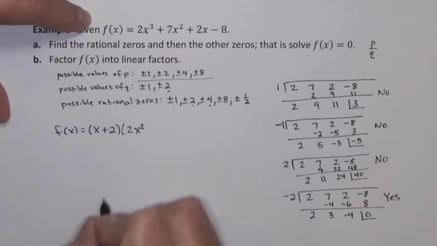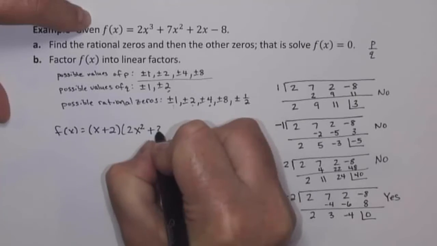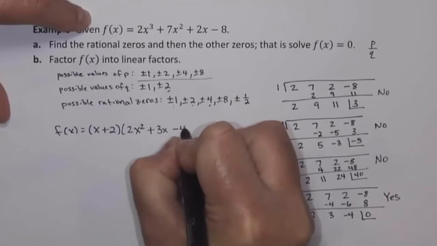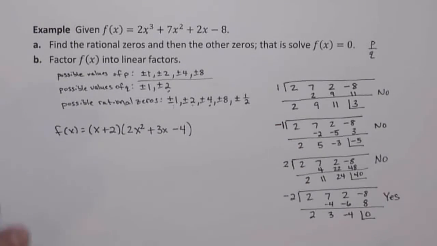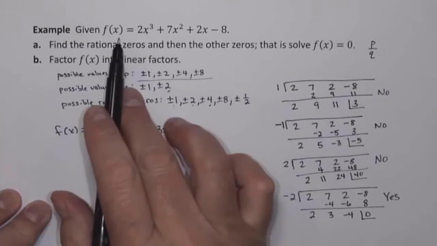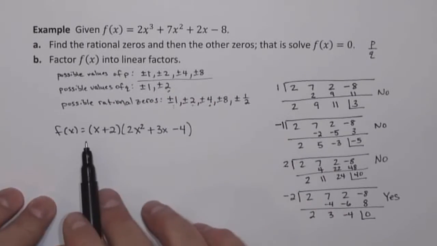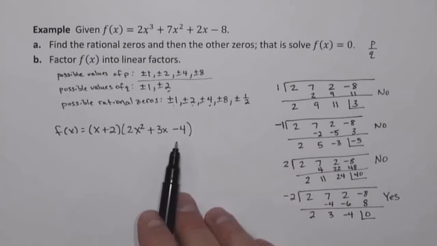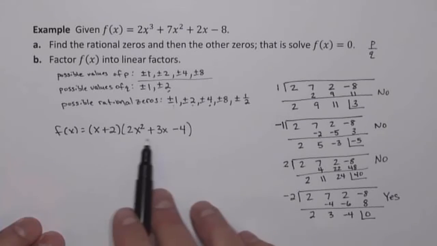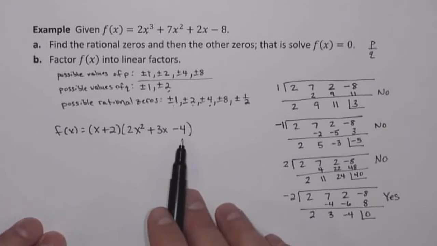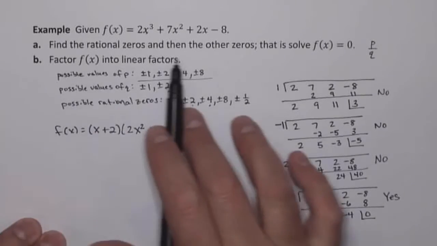It's going to be 2x squared plus 3x minus 4. So far we know that our polynomial function factors into x plus 2 times 2x squared plus 3x minus 4.